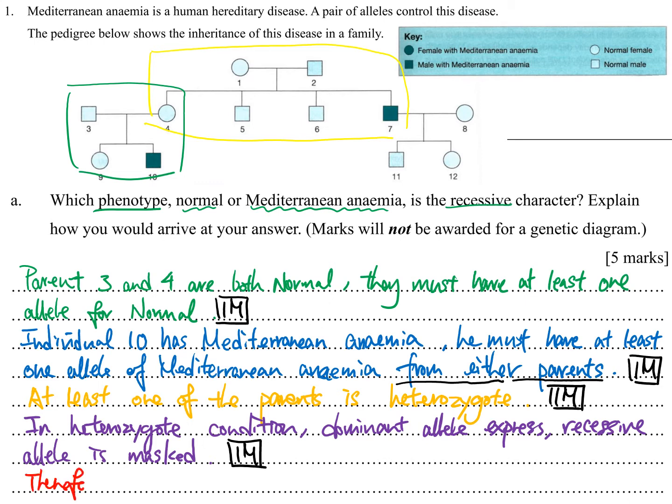So for the very, very last mark, therefore, Mediterranean anemia is the recessive character or phenotype.